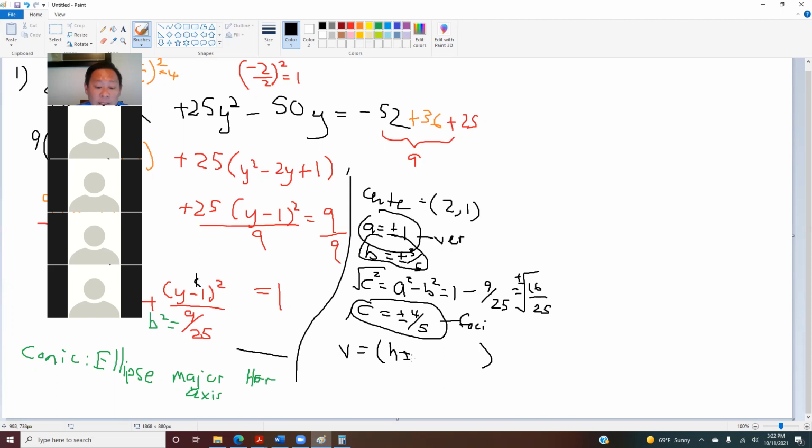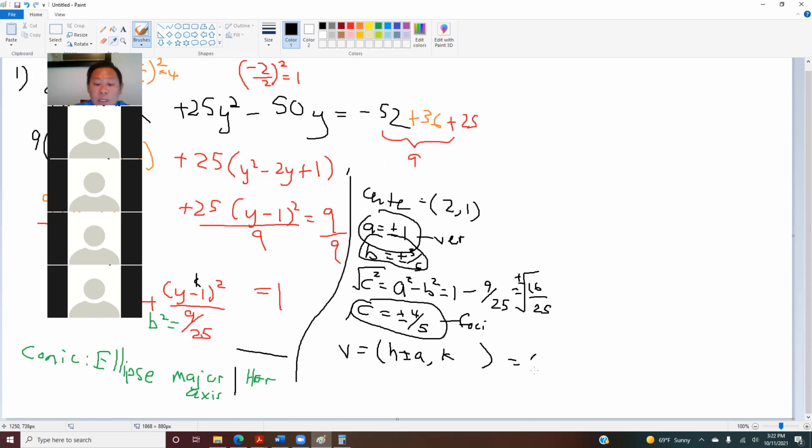So it's H plus minus A, K. If this is on the vertical axis, then the plus minus goes to the y value. So it depends on whether that's vertical or horizontal. You need to watch carefully with this. Since this is horizontal, it goes to the x value.